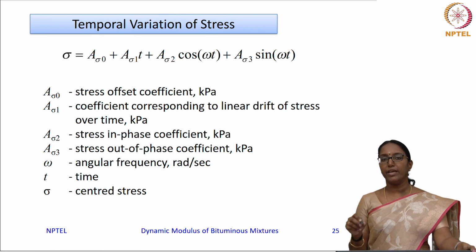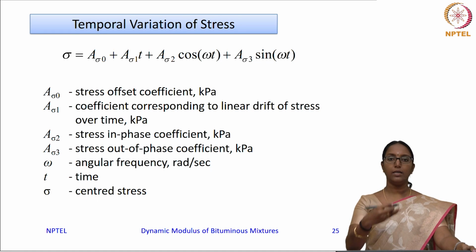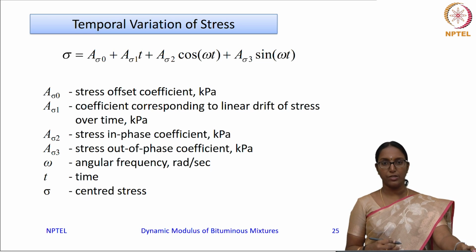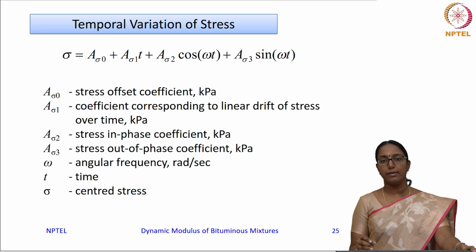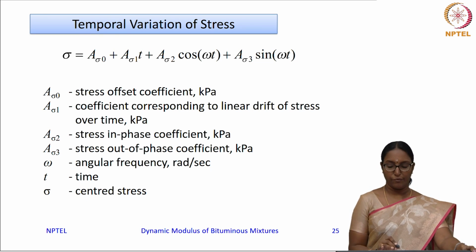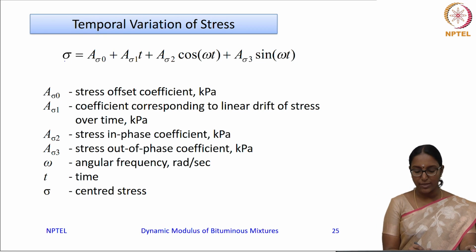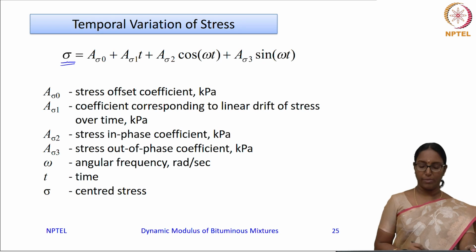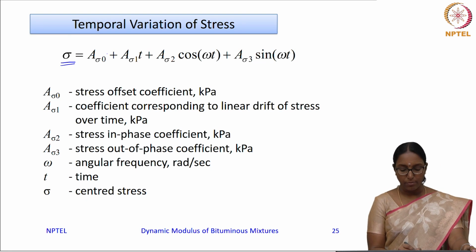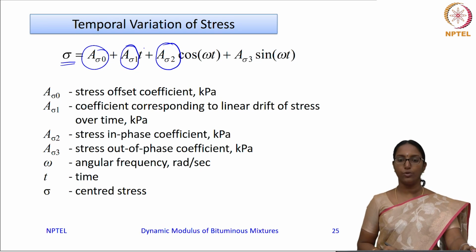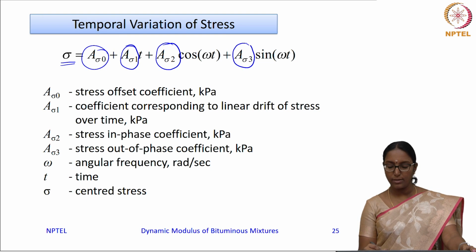Now, this temporal variation of the stress data that you have collected with time, you can fit a regression equation for it, so that it looks like the Fourier series as we have already explained. So your stress wave can be represented as A sigma 0 plus A sigma 1 t plus A sigma 2 cos omega t plus A sigma 3 sin omega t.